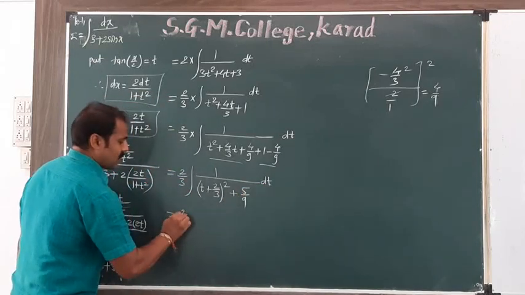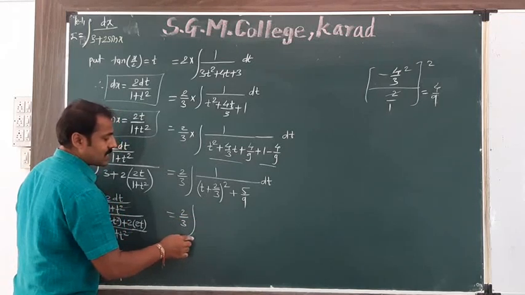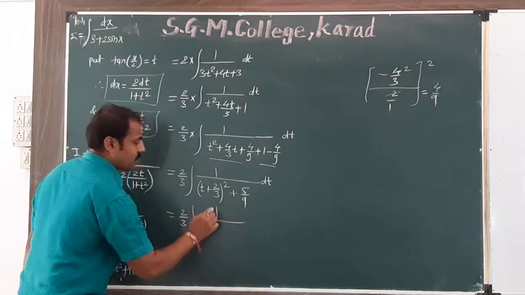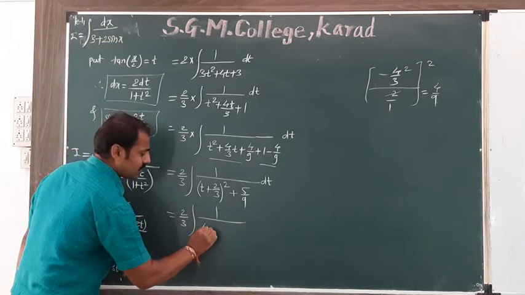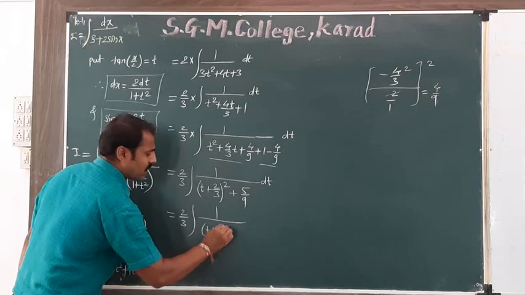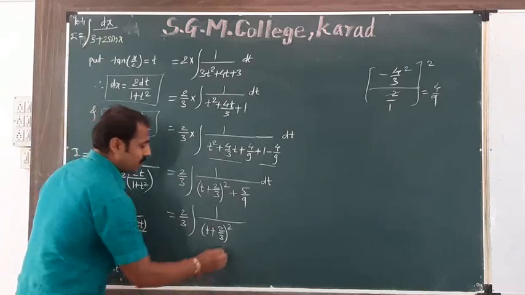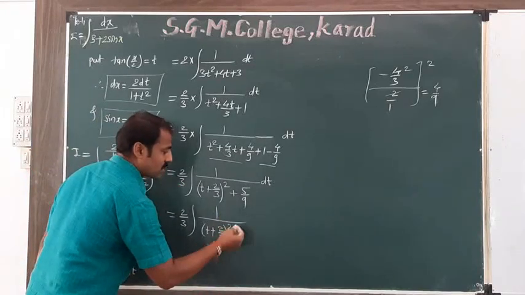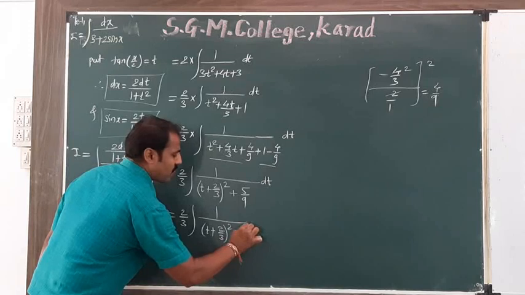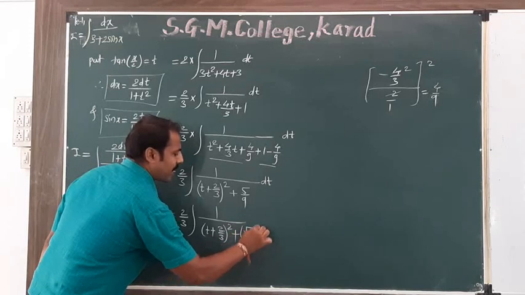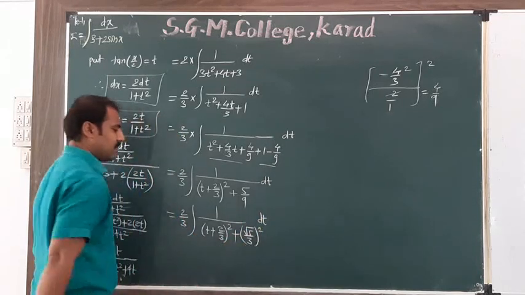Okay, we get here in the denominator 2 by 3 as it is, integration of 1 upon, we get here in the denominator the square of the variable term. Writing 5 by 9 in square form, the constant square, it's root 5 divided by 3, bracket square, dt.